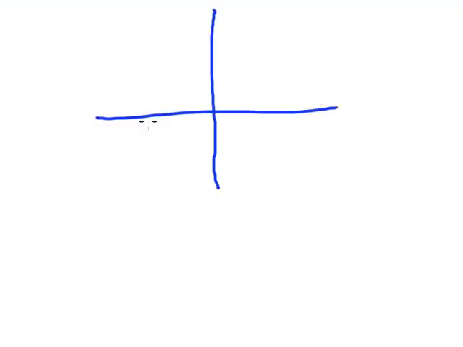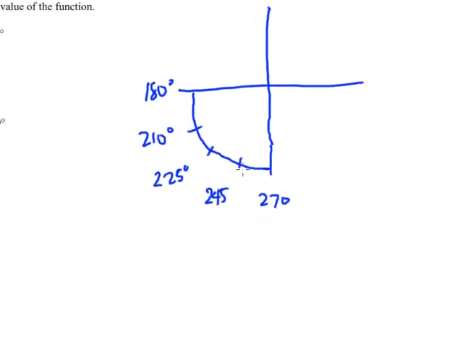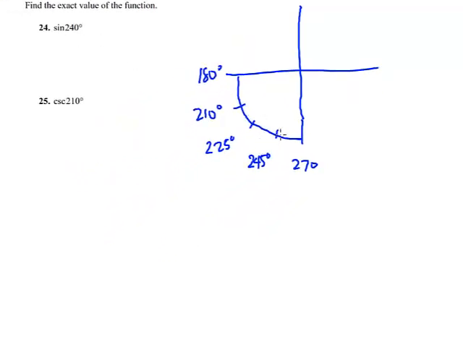Find the exact value for sine and cosecant. So we know our unit circle, 270 is down here, 180. So that means that this is going to be 210, 225, and 245. So 245 is here. For my unit circle, I can come up here.